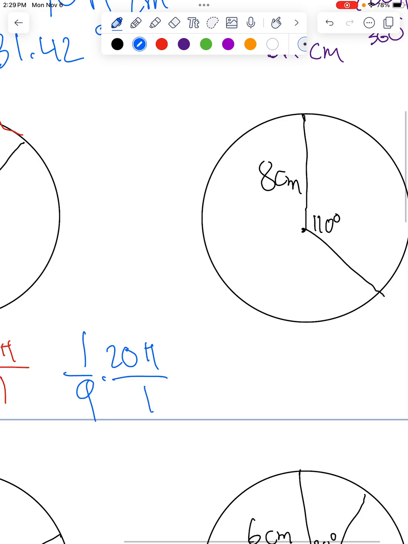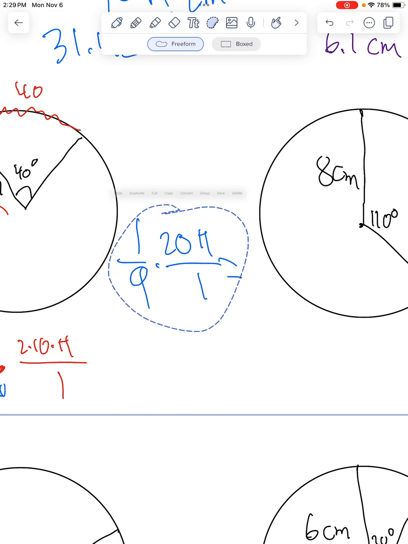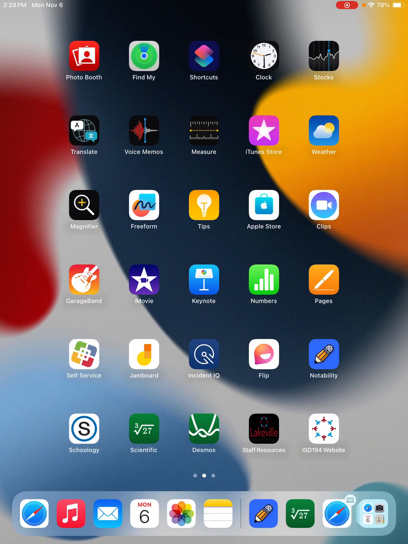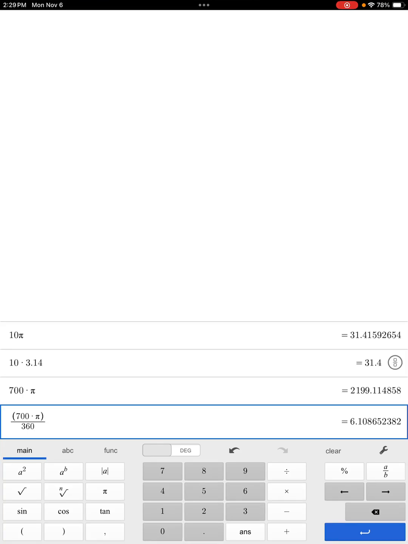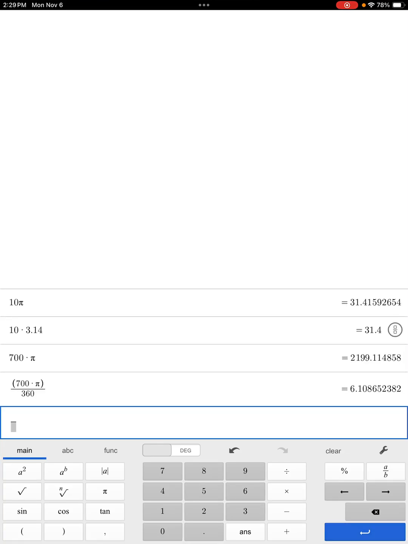So we could put this all together and say, all right, this is like saying 20 pi over 9. And so again, if I wanted that in a decimal, maybe I'll keep it in the fraction. When I plug in my calculator, I'm going to do the fraction button, and I'm going to say 20 pi divided by 9. And that's going to give me about 6.98.